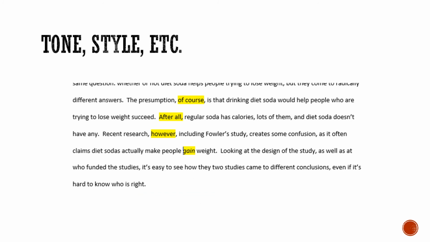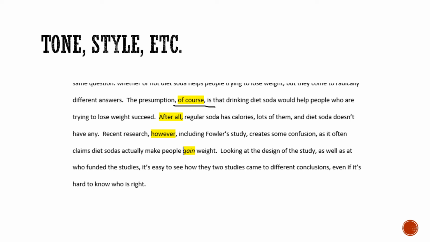Finally, tone, style, and so on. Look, this is the very first paragraph of that sample essay, and look at what we get here. Of course. Now, of course, seems like it's a throwaway phrase, but it actually does something cognitive here. It's setting up the idea that everyone would generally agree that this is the case.